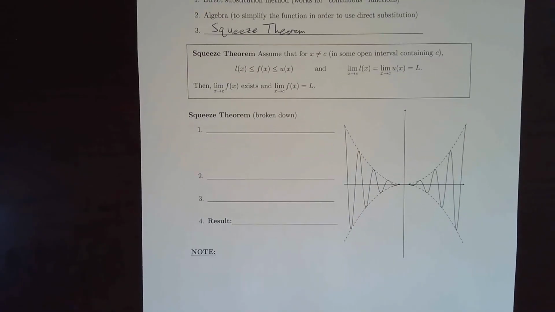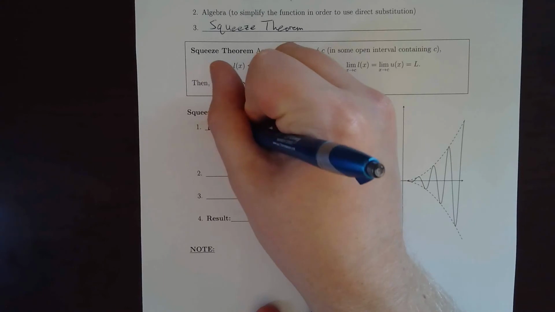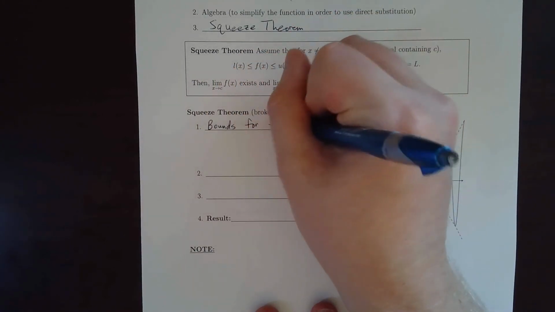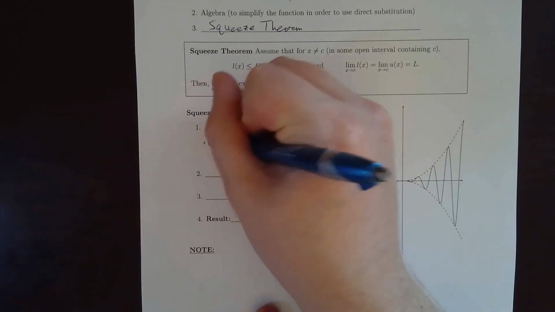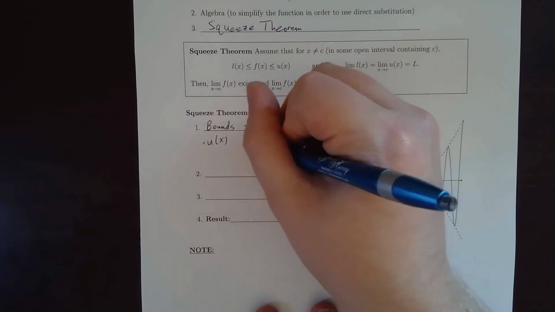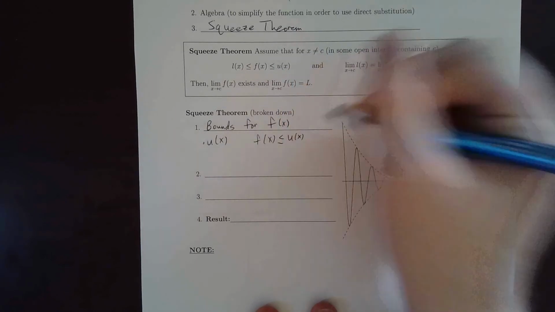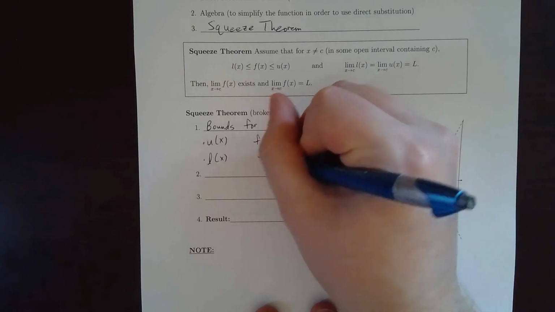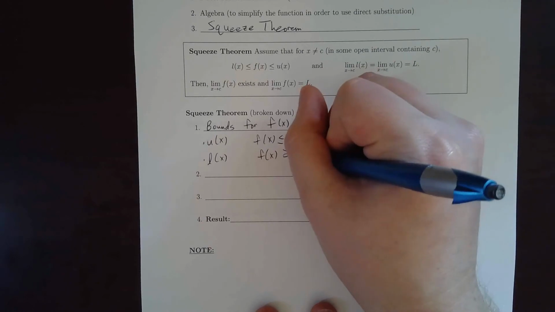So let's break down what's going on with the squeeze theorem. First thing we're doing is we're saying we have some sort of bounds for f of x. So we have some upper function u of x such that f of x is always less than or equal to u of x, and some lower function L of x where f of x is always greater than or equal to L of x.